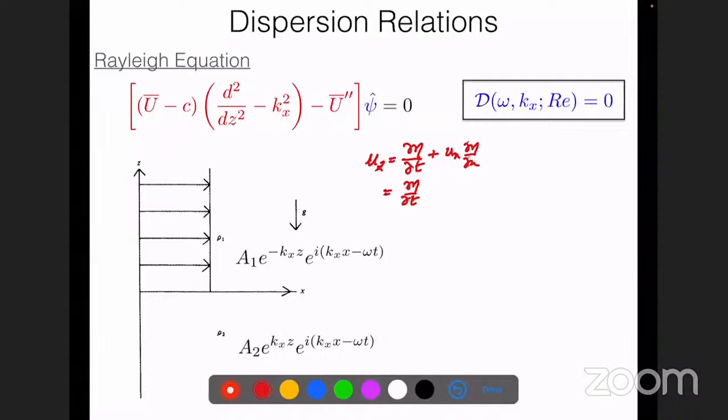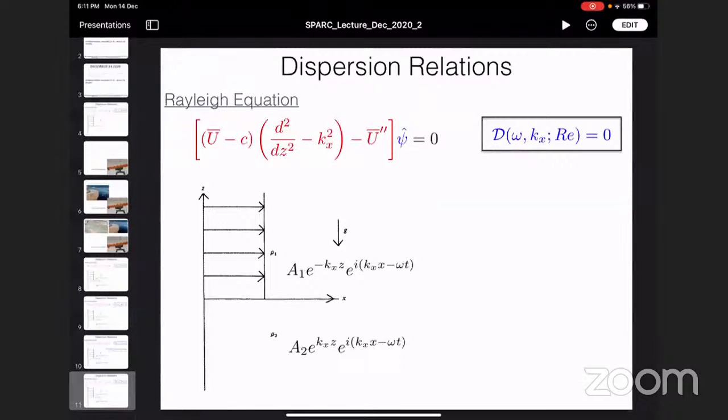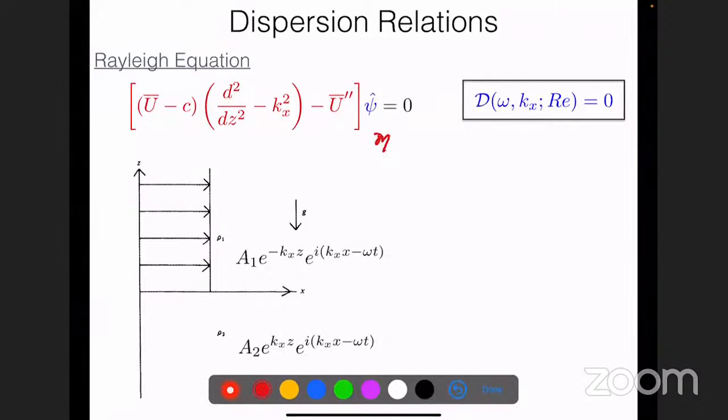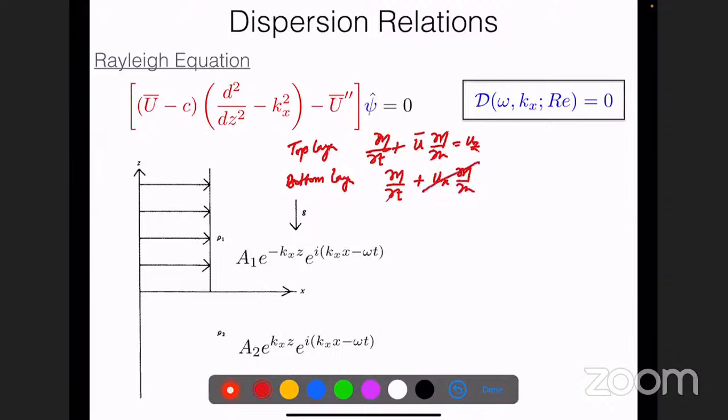If I apply this condition, then I would have, in the top layer, ∂eta/∂t plus u bar ∂eta/∂x is equal to uz, and in the bottom layer, ∂eta/∂t plus, there is no u bar there, so it will be the perturbation ux ∂eta/∂x, and that I'm going to cancel because of nonlinearity. So there would be no contribution whatsoever from this advection term. Similarly, in the top layer also, there would be a term ux ∂eta/∂x, and that's again something I'm going to ignore.